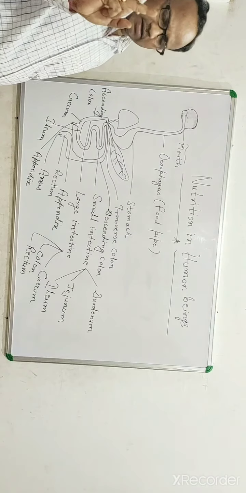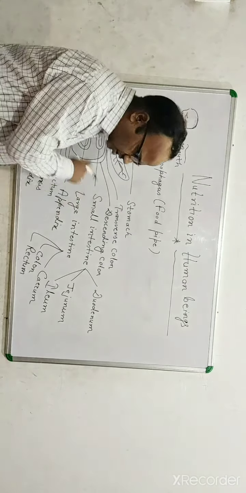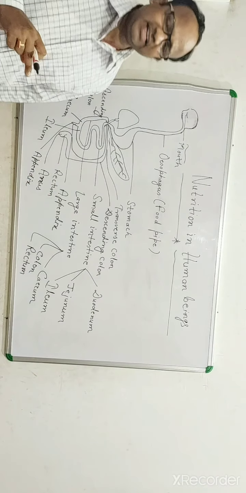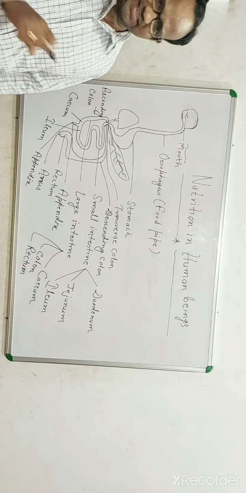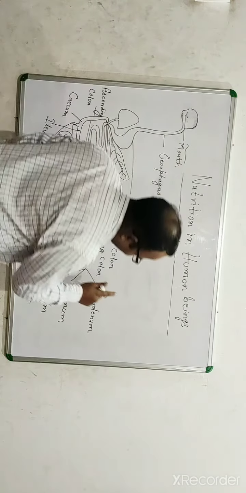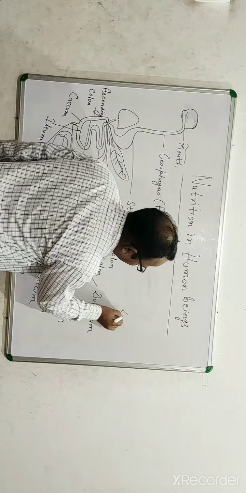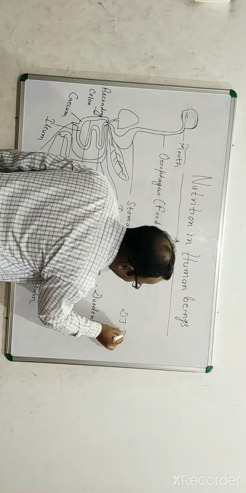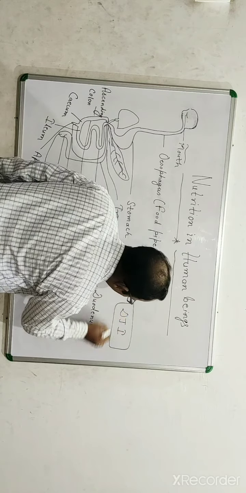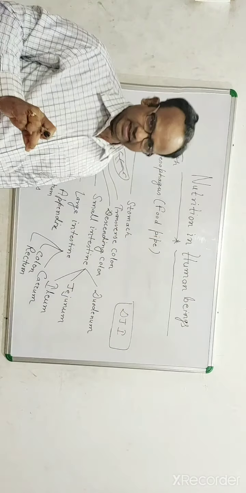Students, for your better retention of these terms, I am making one formula. You can write it: for the small intestine, a tricky formula DJI, that means duodenum, jejunum, ileum.